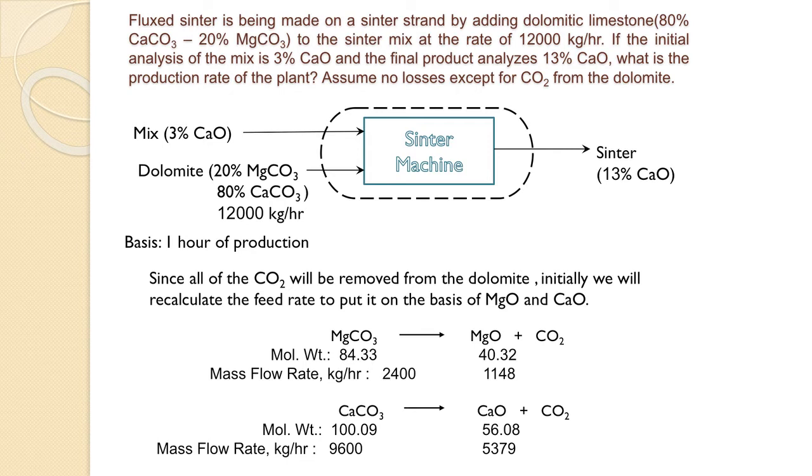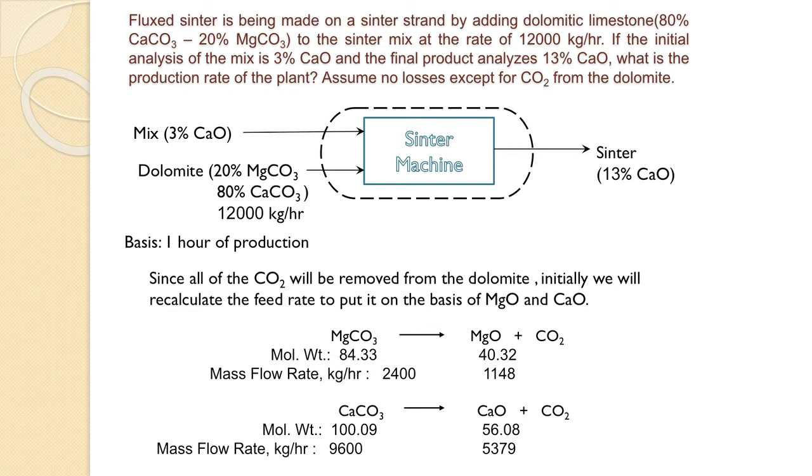So, the flux sinter is being made on a sinter strand by adding dolomitic limestone. Dolomite usually has calcium carbonate and magnesium carbonate, added to the sinter mix at the rate of 12 ton per hour.